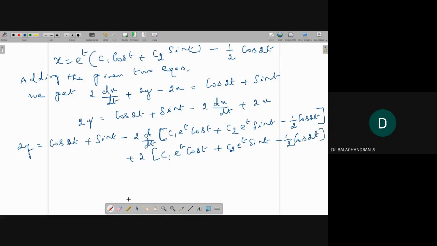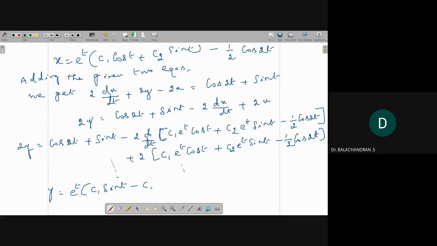The remaining part you should do it. I will tell the final answer. The final answer is y equal to, please check it, e power t into c1 sin t, because this is just a calculation.